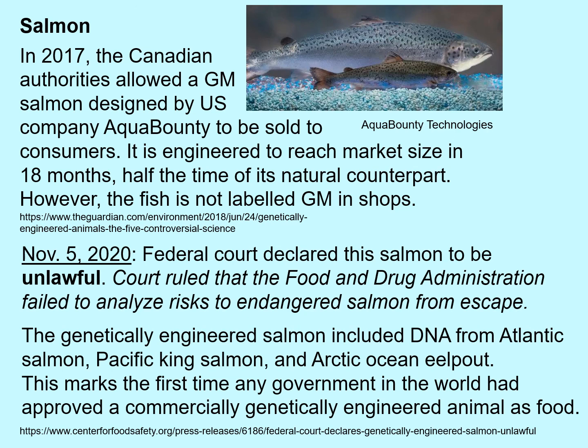And this genetically engineered salmon includes DNA from Atlantic salmon, Pacific king salmon, and Arctic Ocean eel pout, an entirely different species. And this marks the first time any government in the world had approved a commercially genetically engineered animal as food, and already here, a couple of years later, it's now unlawful. It needs further testing.